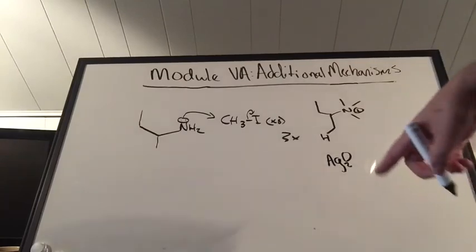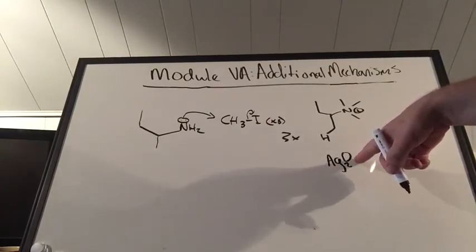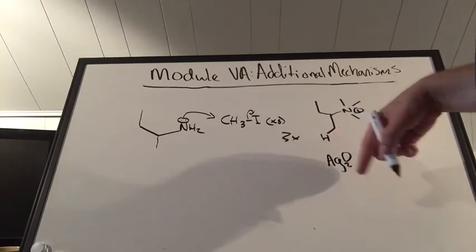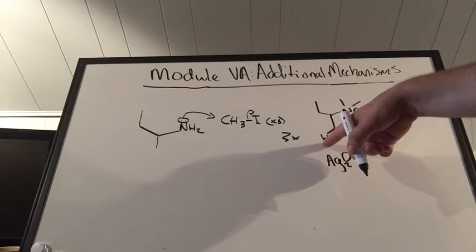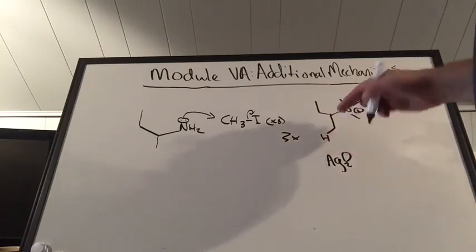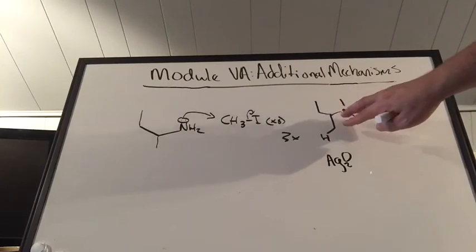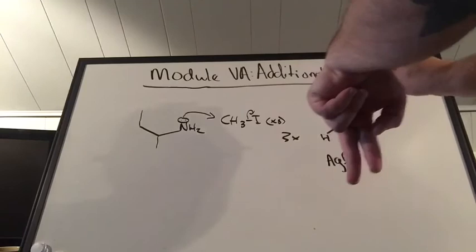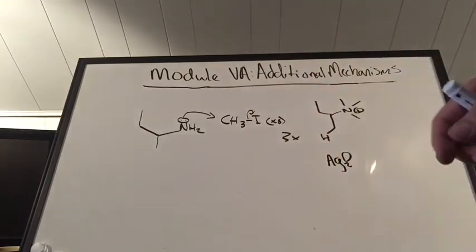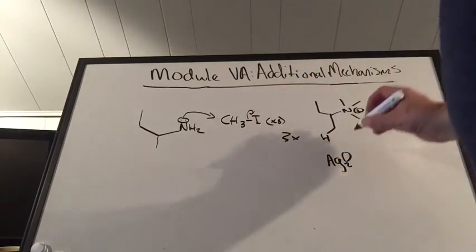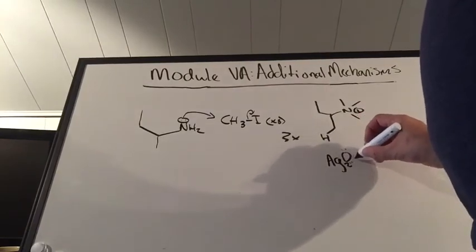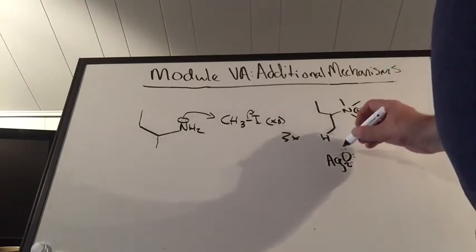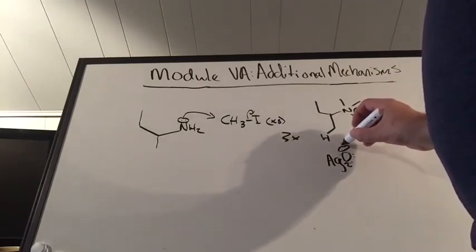Ag2O. Okay, so this would be O2 minus, which is going to be heavily basic. Okay, so we want a really strong base. We want to remove this hydrogen, but it's going to have to be anti and parallel, right? So it's going to have to be in that sort of staircase motif, if you will. And you're going to introduce this and then you're going to apply heat to eliminate.